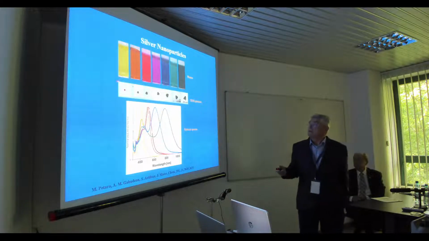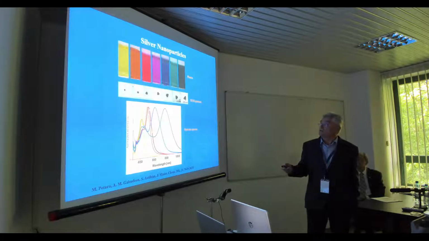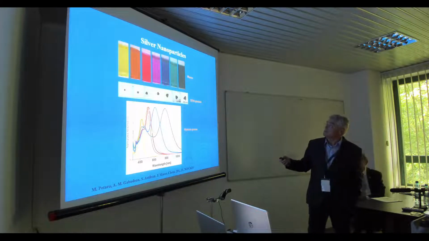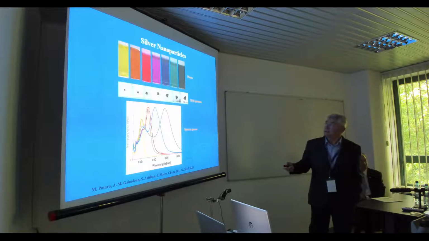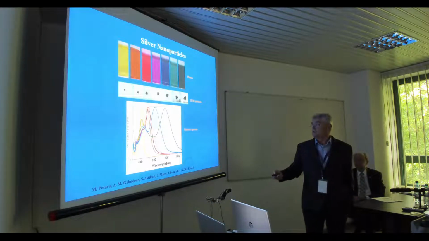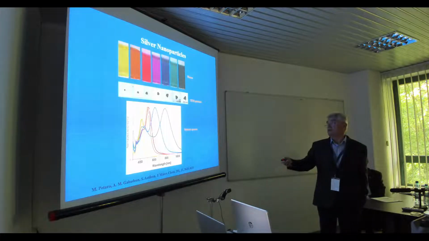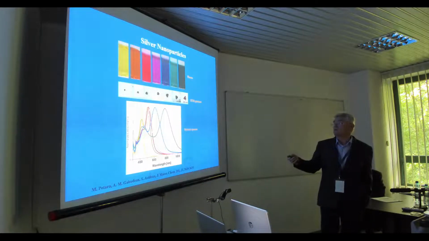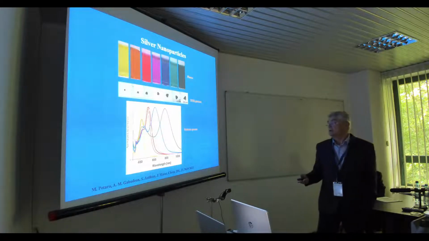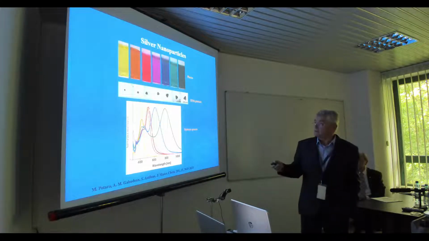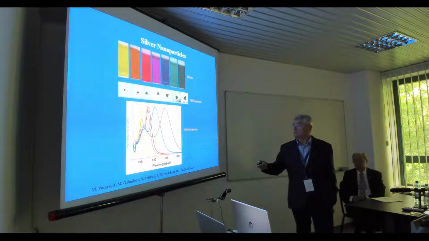You can see how the shape of the nanoparticle changes, the same material, silver, but the shape changes from round to prismatic triangular, and the spectrum also shifts from 400 to 800 nanometers. Notice that for this kind of triangular nanoparticle, there are several resonances. The symmetry is different, so you can have 4 specific resonances.